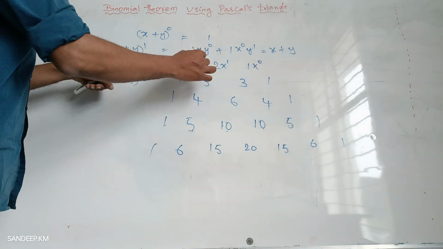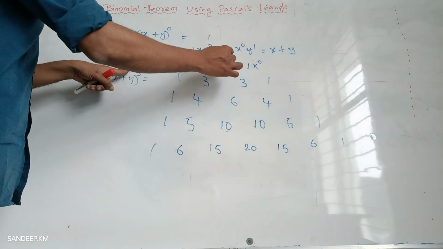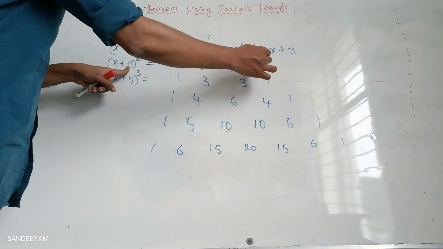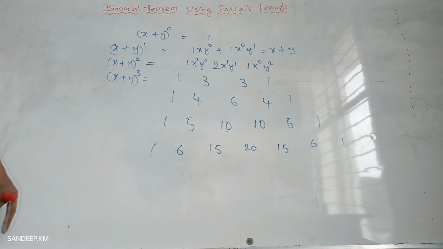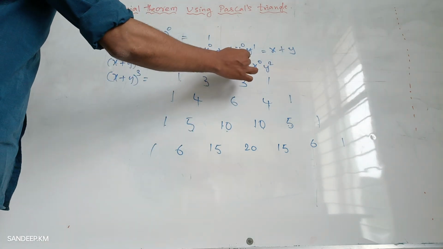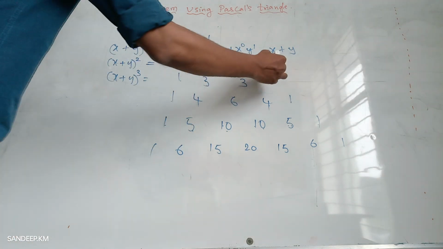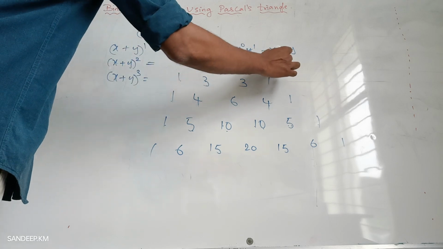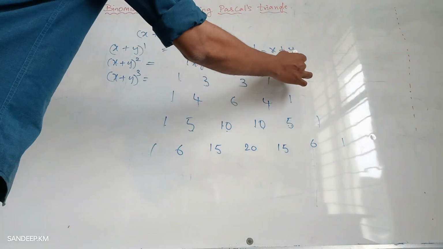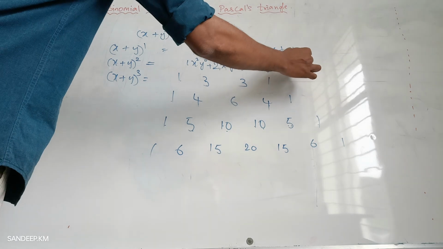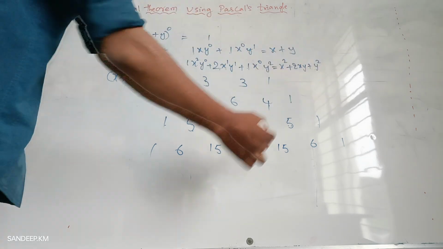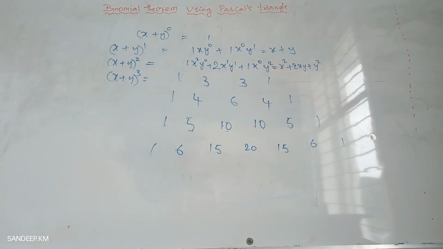First y power 0, next y power 1, and then y power 2. Then keep plus in between them. In simple language, this is equal to x square plus 2xy plus y square.